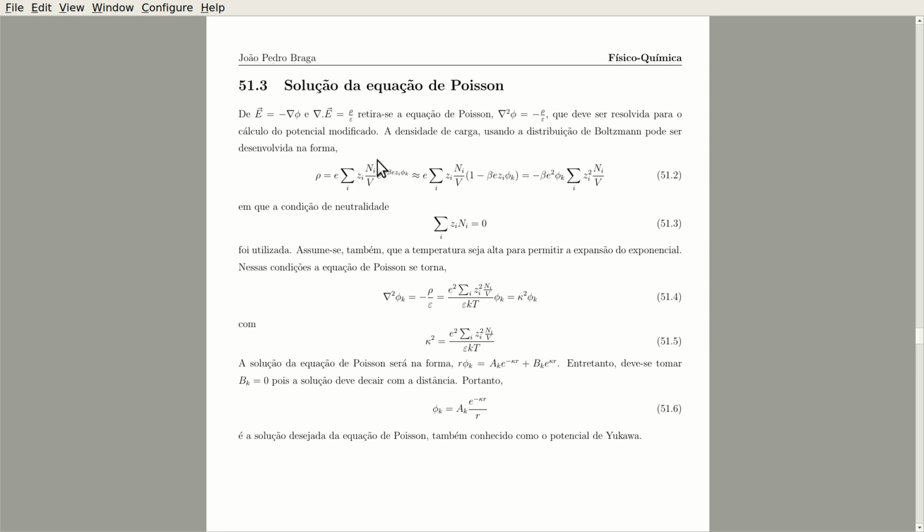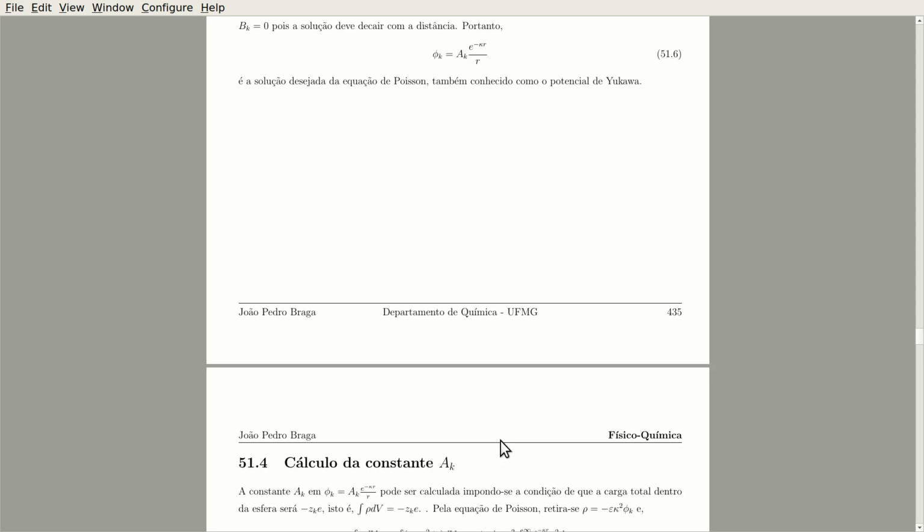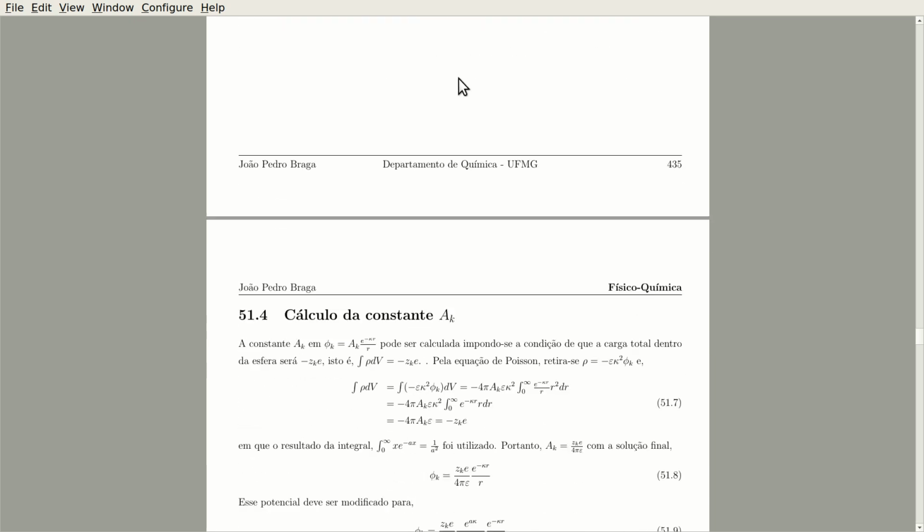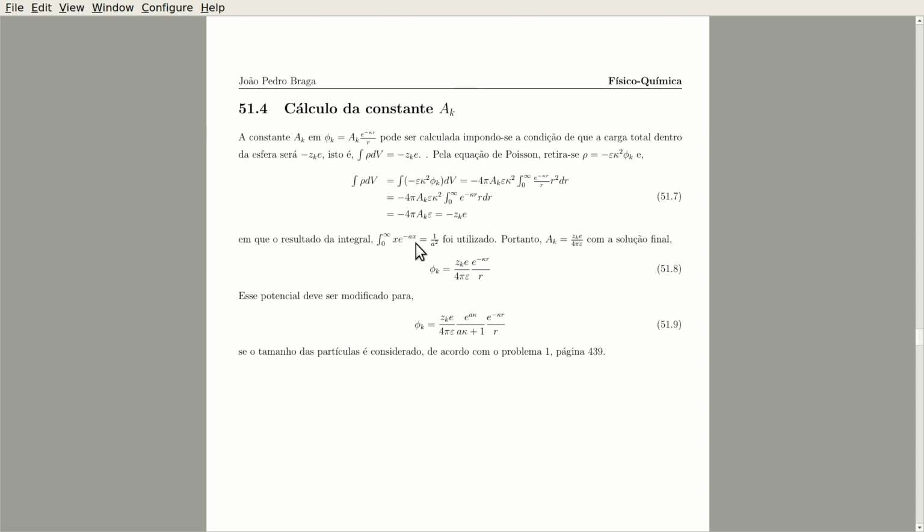See the charge density around this point, interacting electron and proton. The next step is to calculate this constant A, and you just have to make this integral. The whole charge inside the volume must be equal to the negative charge inside this volume, this atmosphere.